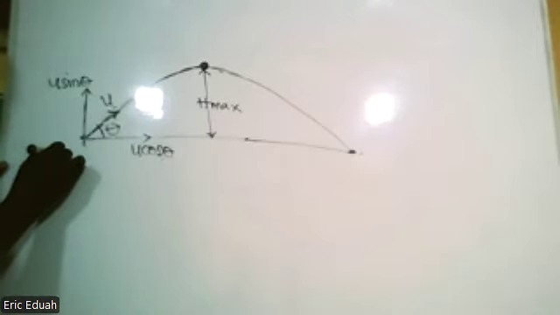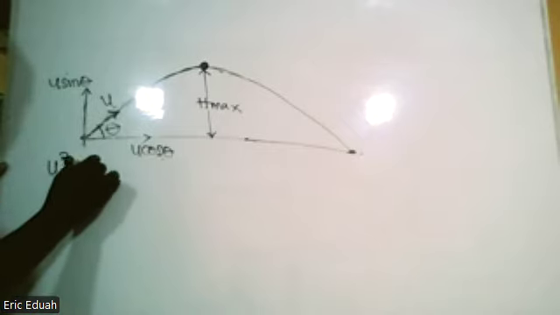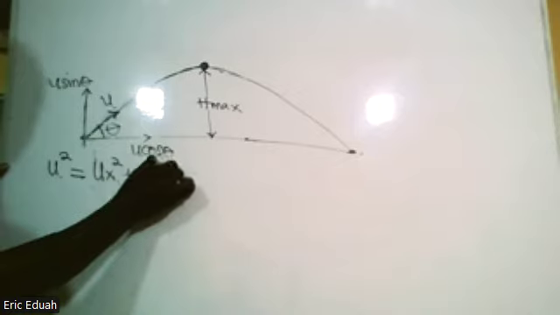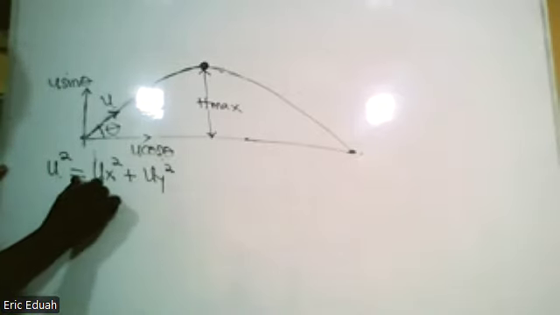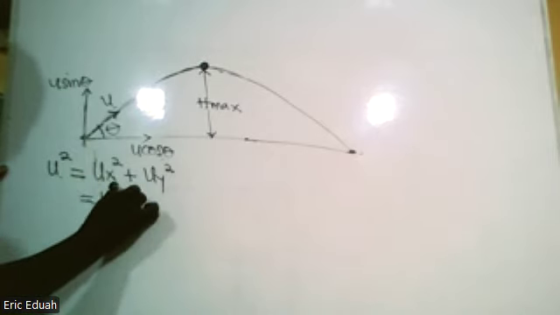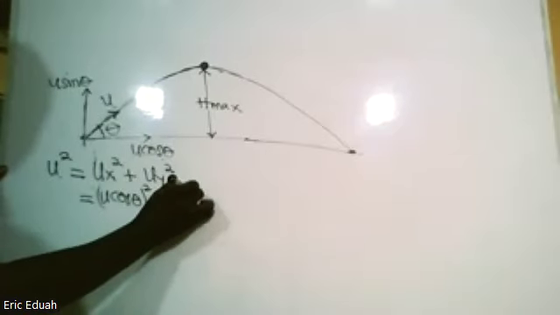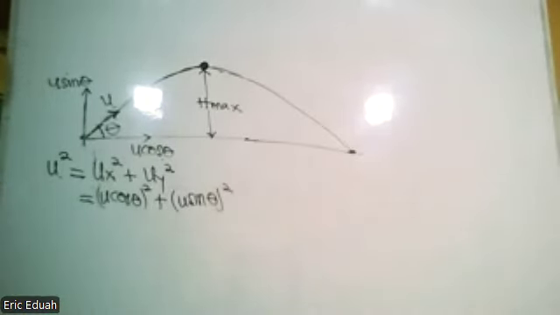The square of the velocity of projection is equal to ux squared plus uy squared, meaning this is the same as u cos theta squared plus u sine theta squared.